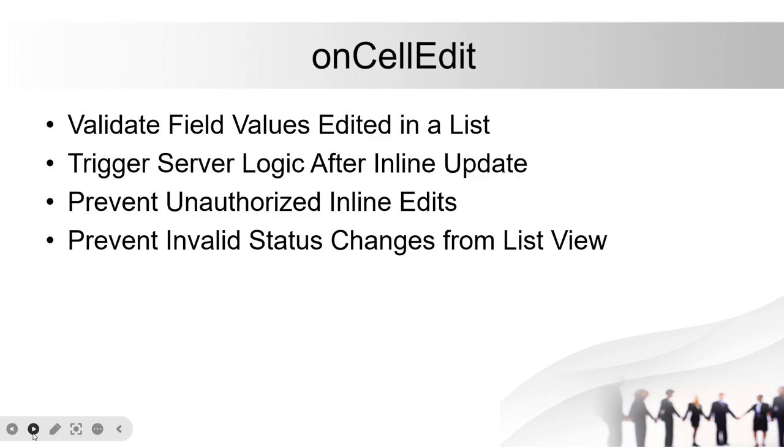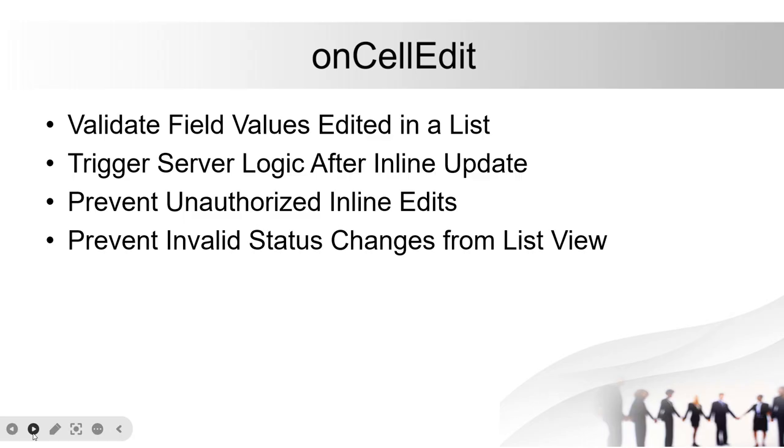Let's suppose you are editing the state of the incident to resolved. Basically you need to populate the resolution code, resolution notes and all those fields. So you can restrict the user so that you cannot resolve the incident from inline editing or from the list view. You need to open the record, so you can show an error message or restrict the change.